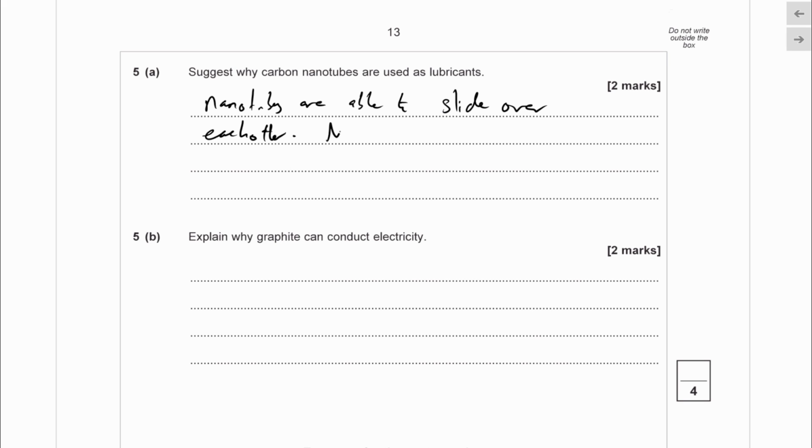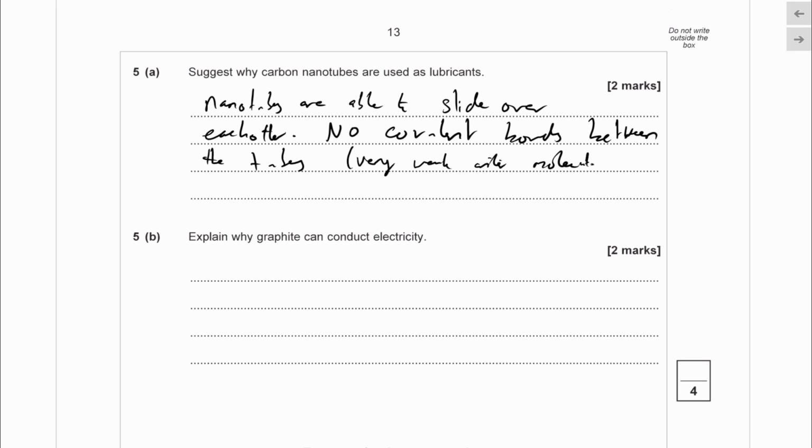So we're going to say that there are no covalent bonds between the tubes, and that's important. There may be very weak intermolecular forces between them, but there's no covalent bonds, which means they're able to slide.